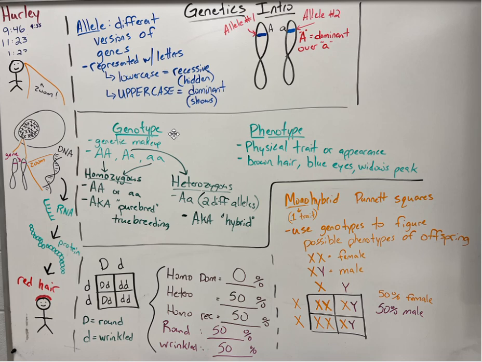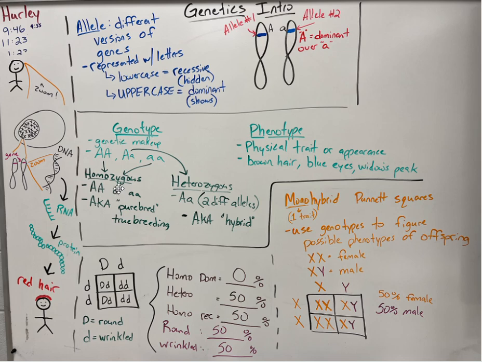Genotype and phenotype. So you need to know the difference between the genotype of something and the phenotype of something. So the genotype, that root word there is gene. This is literally the genetic makeup of this allele. So we show that with big A, or we show two capitals, a capital and lowercase, or two lowercase. And if we're using these, we can say big A, or little a, or big A, little a.